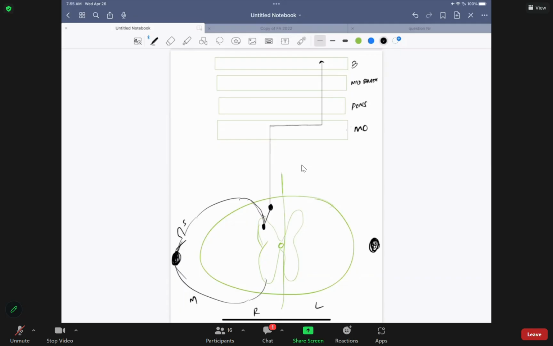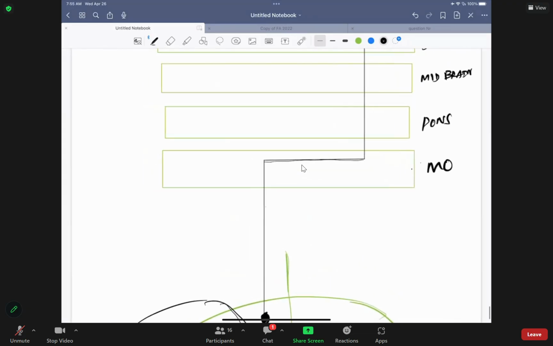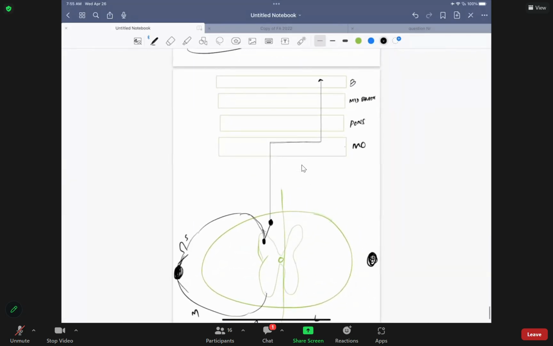Sorry, you said it was in the upper medulla? Yeah. Even when I crossed it on the upper part. Because there's another track that crosses on the lower part, that's why.